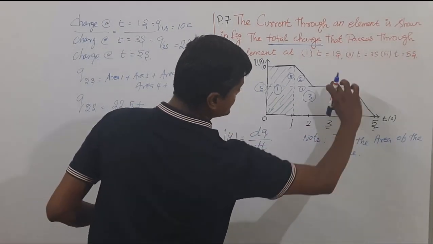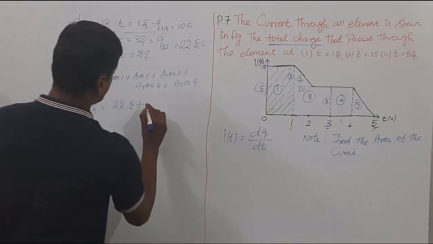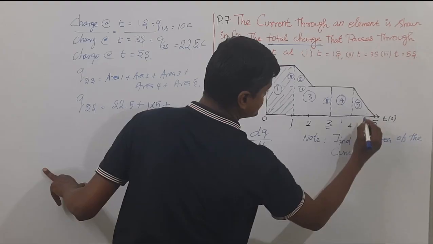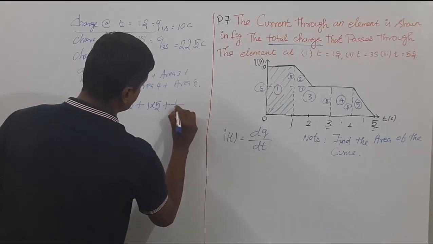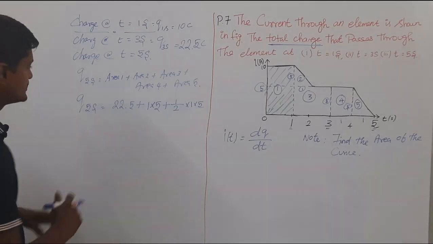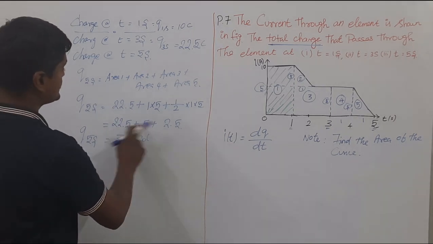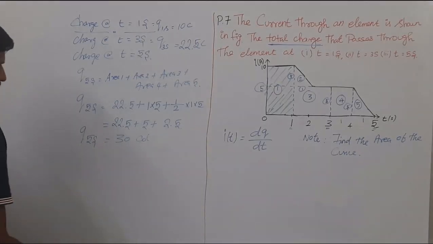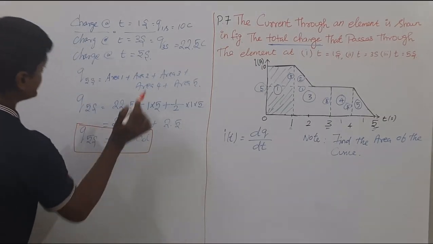Length is 1, this is 5. So 1 into 5, plus the next, this value is 1, and this is again 5. So half into 1 into 5. So 22.5 plus 2.5, that is equal to 25, plus 5 is 30 coulombs. So charge at t equal to 5 seconds is equal to 18 coulombs.